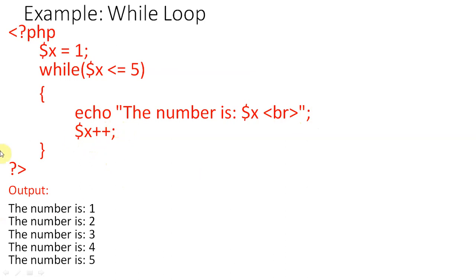When we return to the loop, X will be 2, 2 is less than 5, and again we will display the number is 2. Accordingly it will display 5 numbers. So 5 times it will execute and 5 numbers it will display. So this is the while loop.